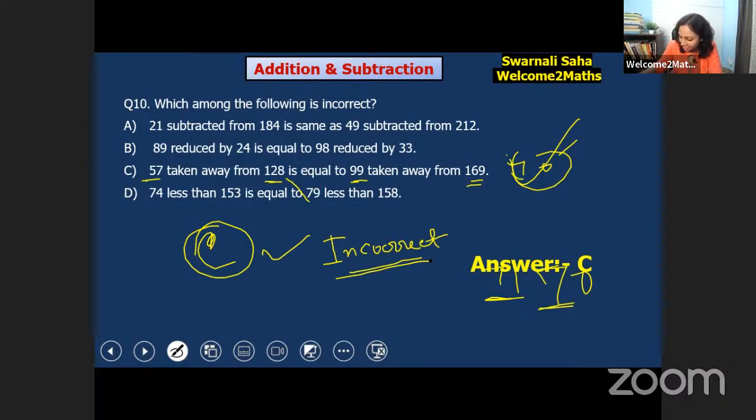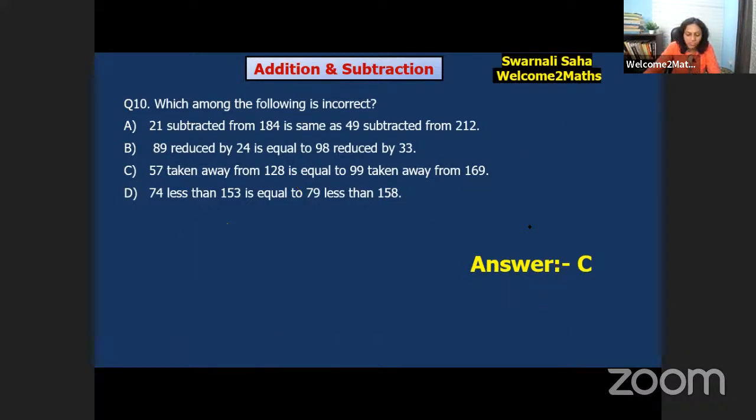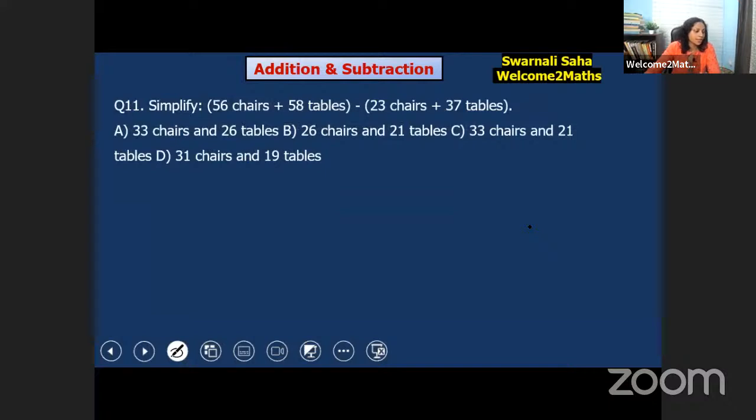Yes, so many answers. C is the right one. Very good. So now let's solve our next question. You have to simplify this. Okay, let's see, this type of question will often come in Olympiad exam. 56 chairs plus 58 tables minus 23 chairs plus 37 tables.